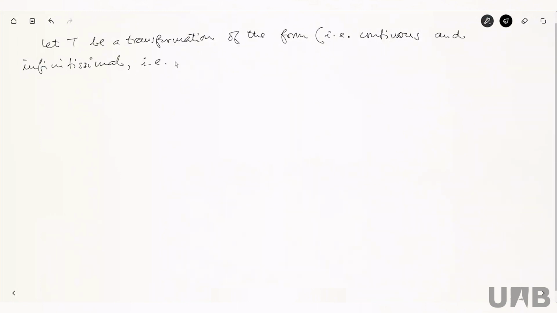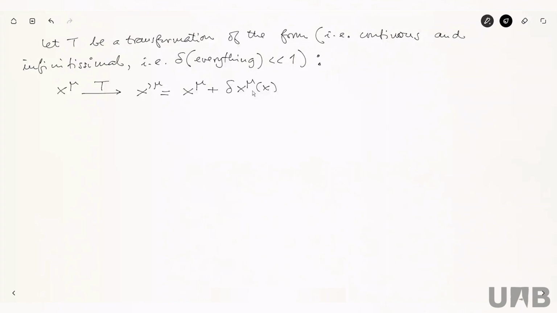Which means that delta of everything is going to be much smaller than 1, okay? So the transformation T is going to be like this. So X mu is going to transform under T into X mu prime, which is going to be the old X mu, so close to the identity, plus a little bit. And this little bit is going to be much smaller than 1, but in general, it's going to be X dependent itself, okay? So that's a transformation for X.